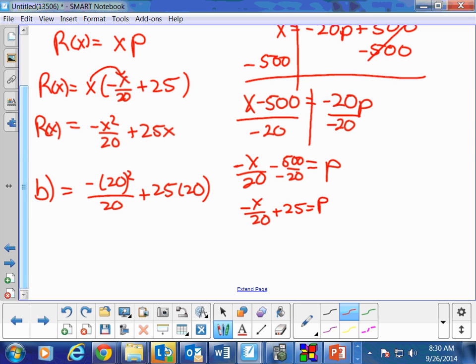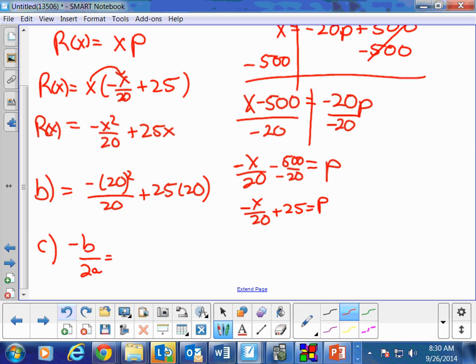So in our case, we're going to do negative b over 2a. Let's see what I get there.